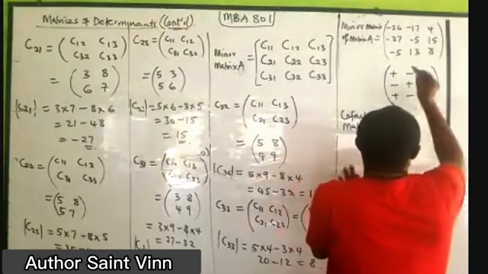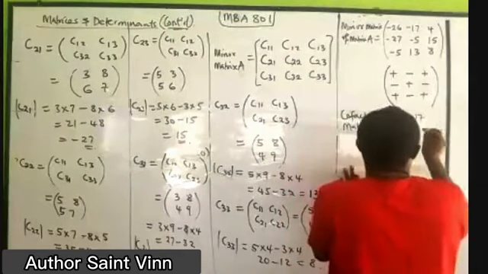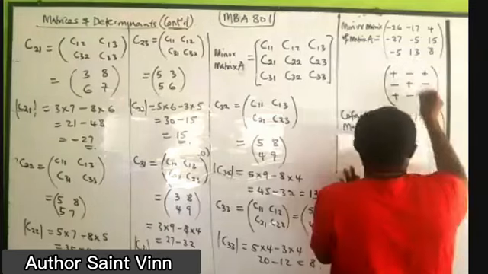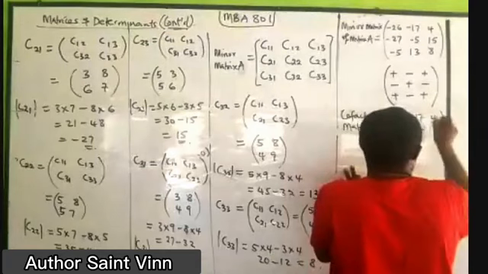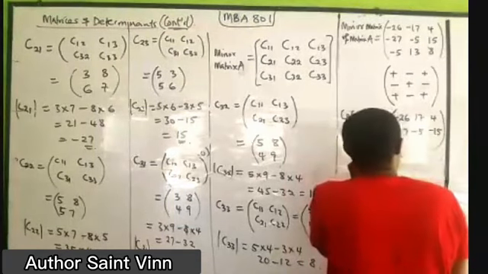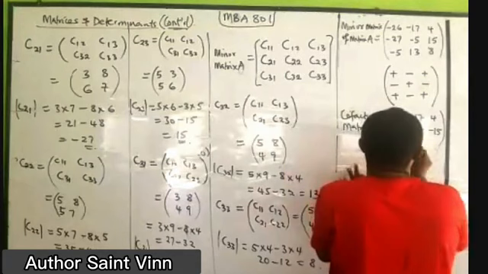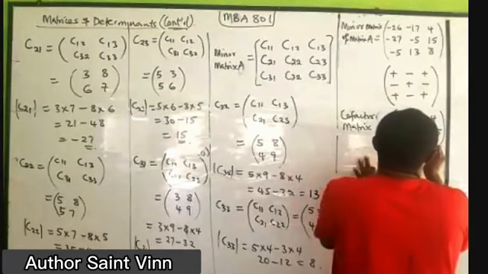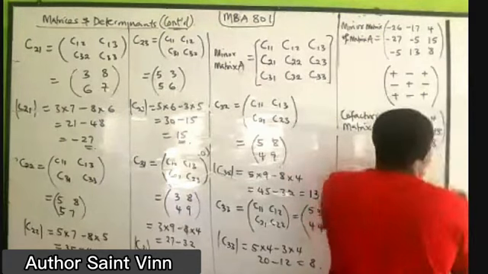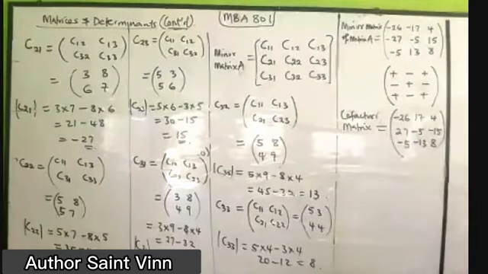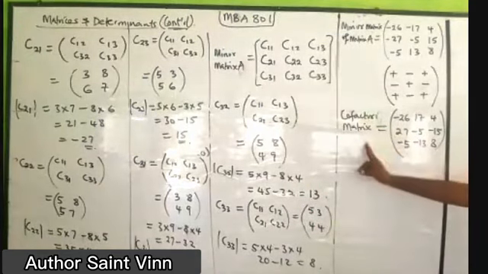Minus that one. Plus, minus, then plus, minus, then plus. That's all. That's the matrix of cofactor, or cofactor matrix.